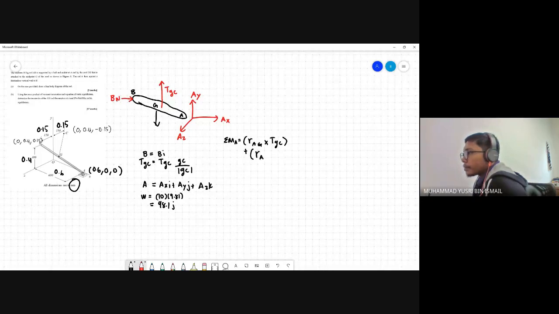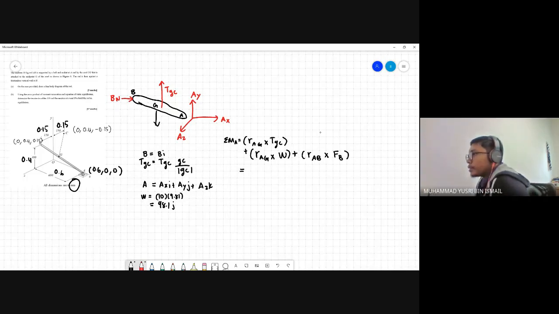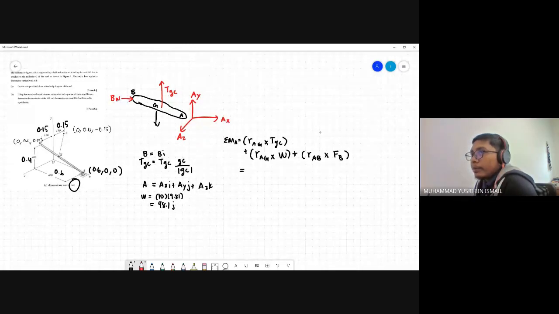Then RAG cross with W, plus RAB cross with force B. So for RAG, to calculate the position vector of RAG, we know the position vectors of A and B, and based on the question, G is the midpoint.